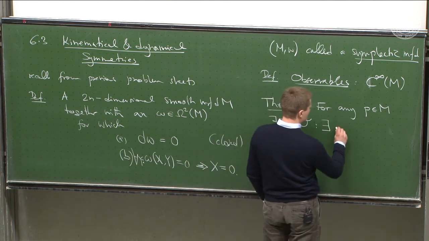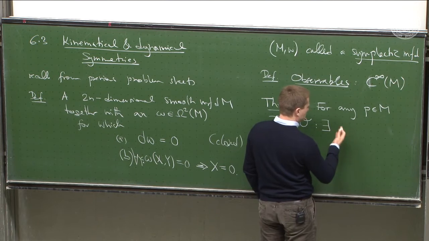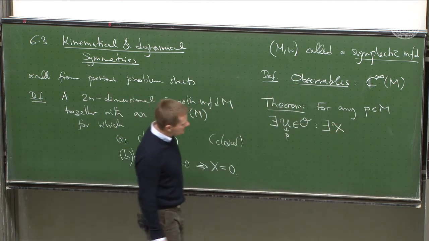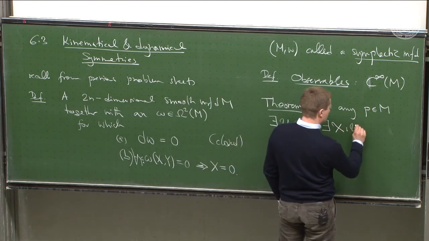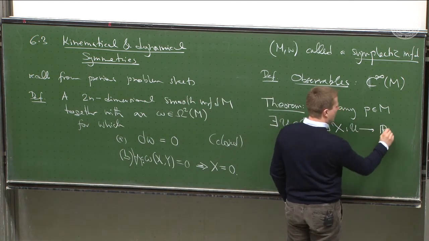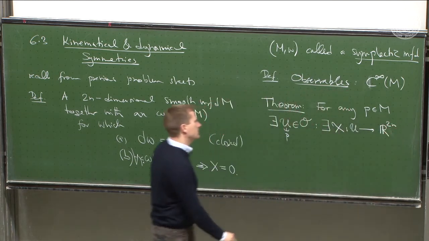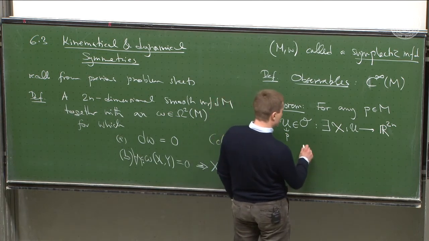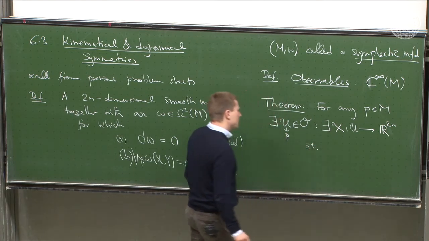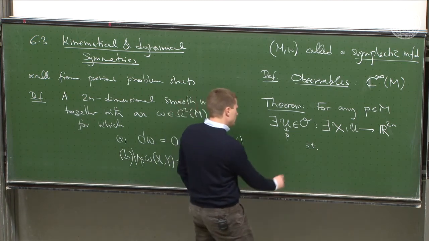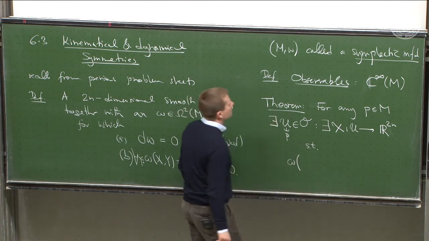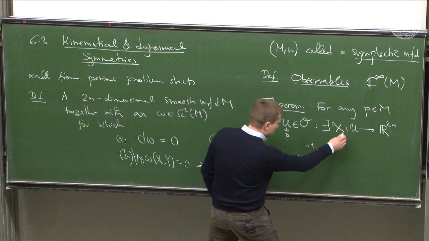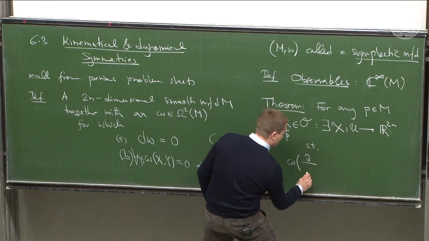Let's call them psi. I know you hate it, but let's call them psi. So there are coordinates from U into R 2n. Why? Because it's 2n dimensional. Such that if we consider the omega, this symplectic form, as it is called, in the thus induced coordinate system.